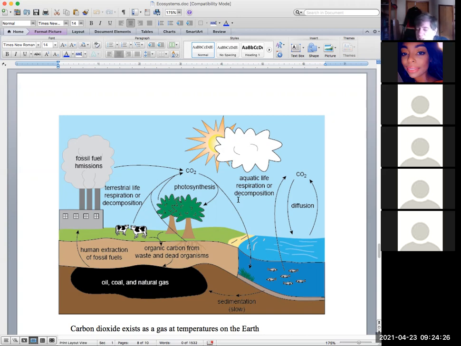The bacteria that decompose them use up the oxygen, and the bacteria use up the oxygen faster than it diffuses into the water. So oxygen levels are really low, which means if you die in a swamp or a bog, the body may not decompose for a long period of time. Why? Because there's not enough oxygen in the water for the bacteria and the protists and the fungi to decompose the body very rapidly.